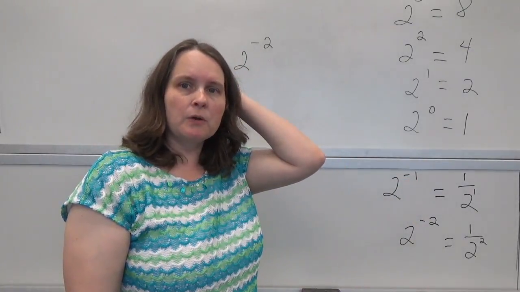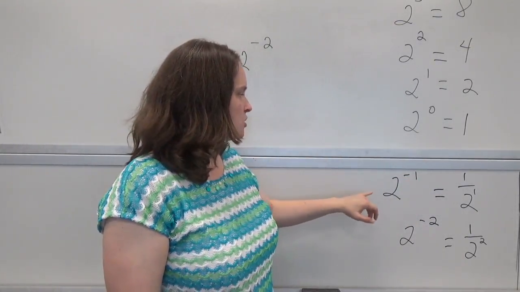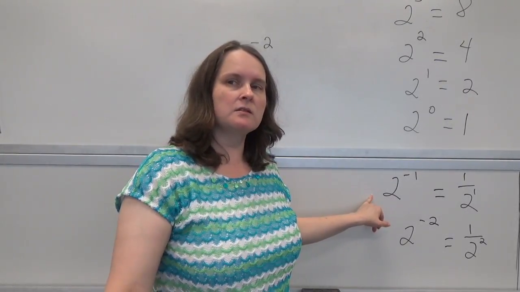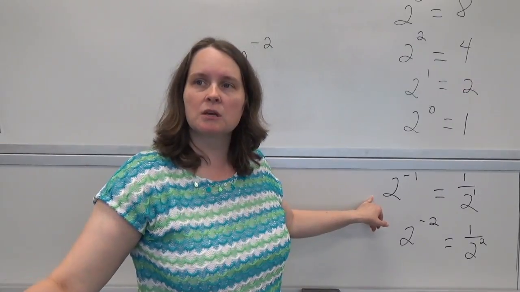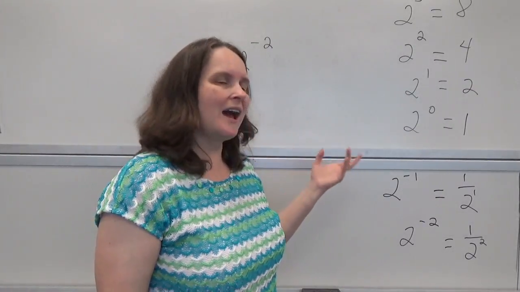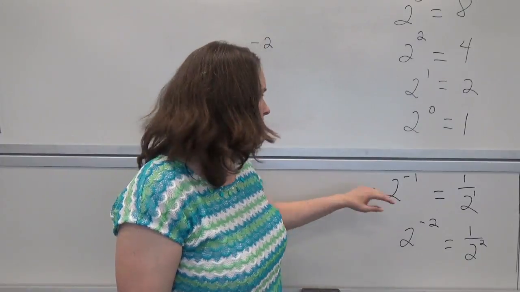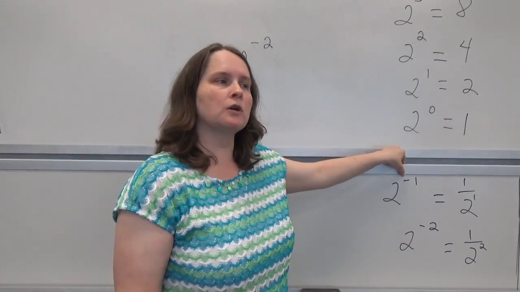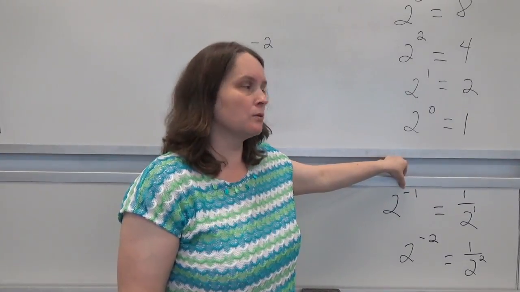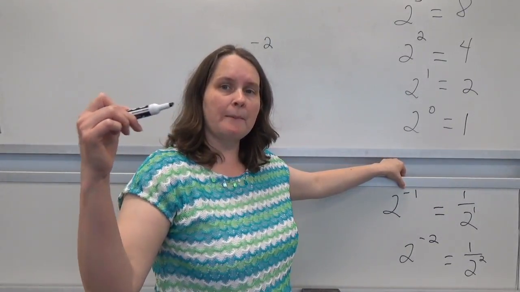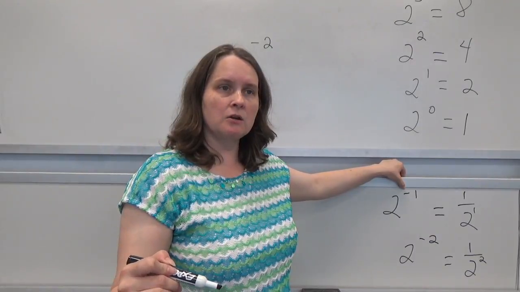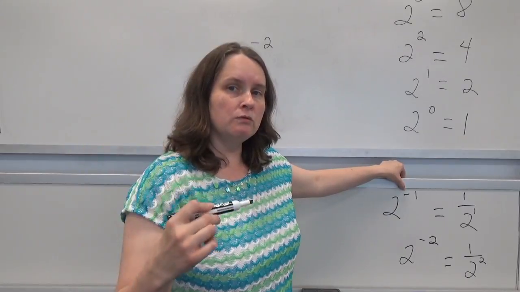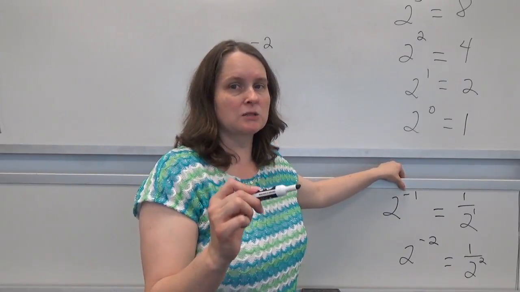The negative exponents are actually moving our base into the denominator of our fraction, and the sign of the exponent is changing when that happens. So you're going to have to remember and understand that the negative exponents are telling you to essentially create a reciprocal, which means if it's already in the top of the fraction, you're going to move it into the denominator. If it starts out in the denominator, you're going to move it into the numerator. When you move that base, the sign on the exponent will change.